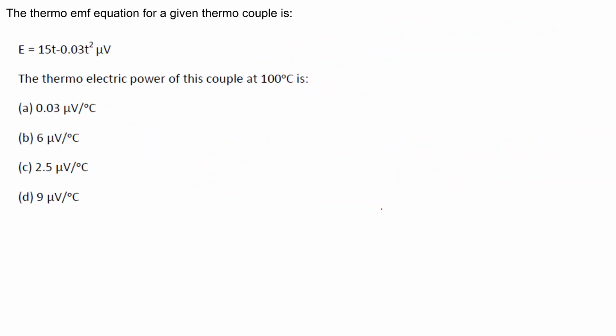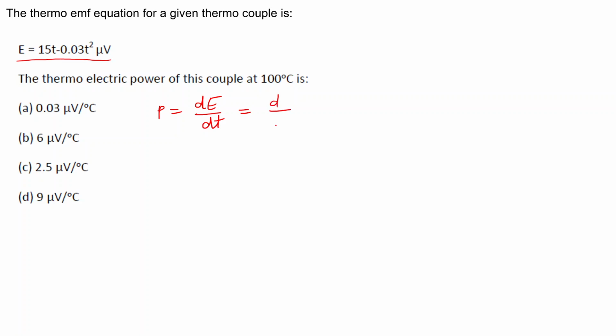Okay, next question. The thermo-EMF expression for a given thermocouple is given by this, then the thermoelectric power of this couple at 100 degrees centigrade. So we know that power will be the derivative of this thermo-EMF with respect to time.